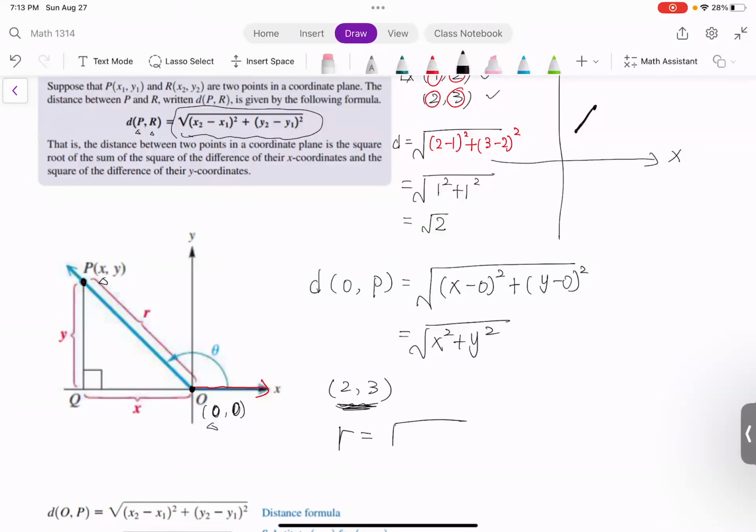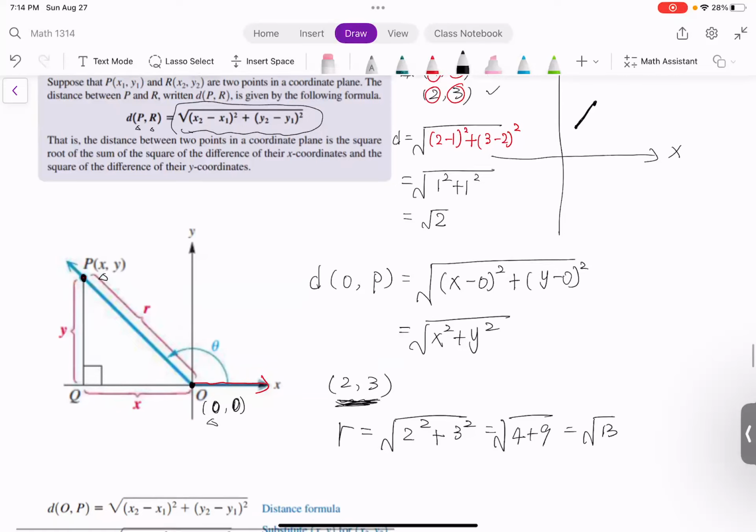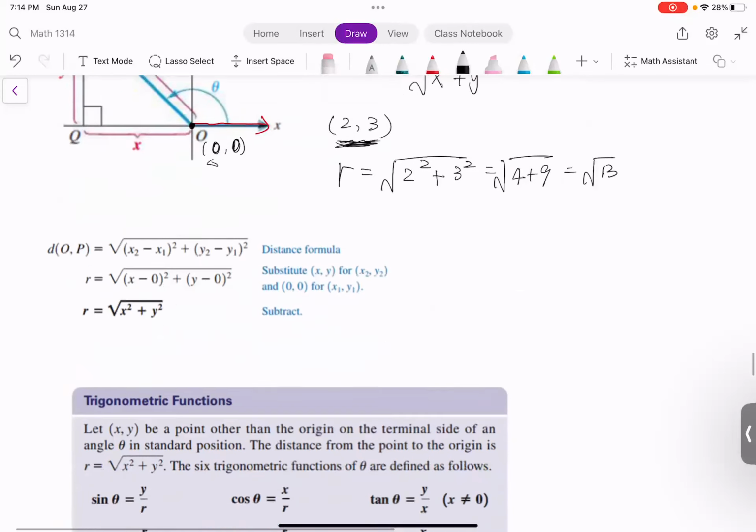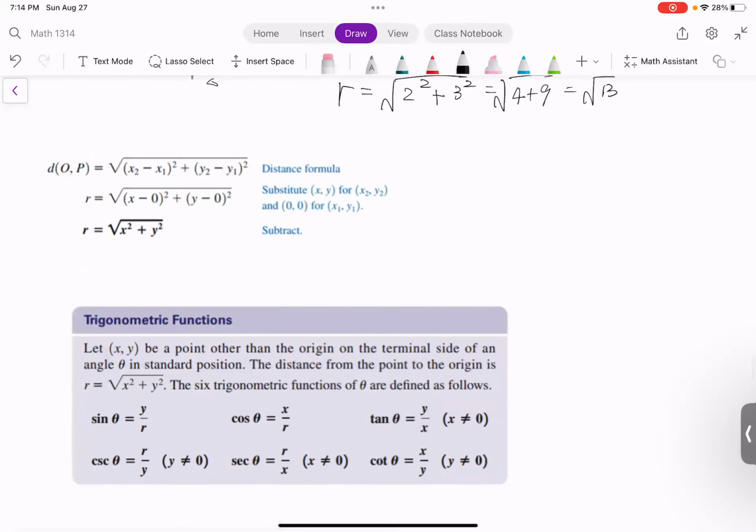R equals the square root of 2 squared, that is x squared plus y squared, 3 squared. So we have 4 plus 9, that is 13. So the square root of 13 is the distance between the point and the origin. All right, you can memorize the formula here. So this is the formula.